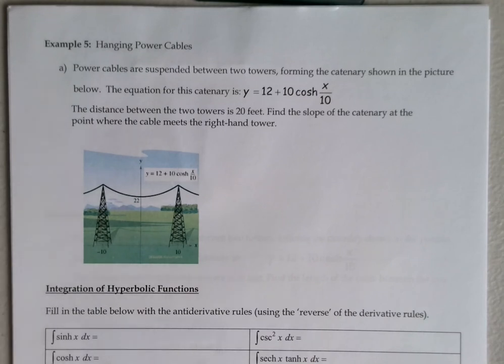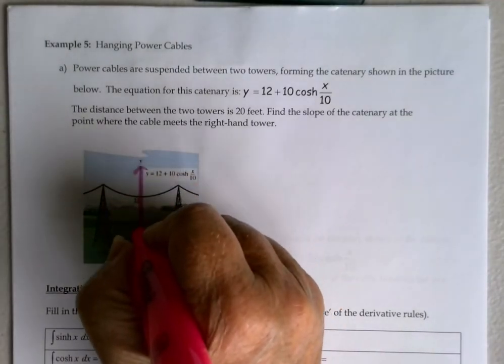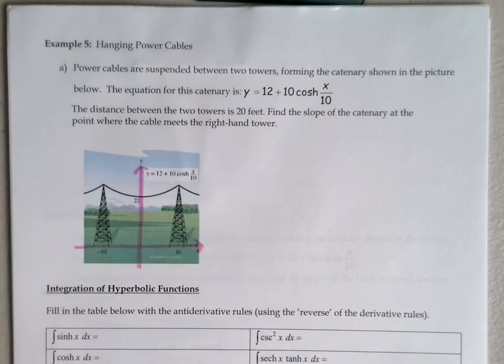So I'm going to put in a couple of things to help us out here. First of all, I need a coordinate system. One is actually suggested for us in this picture. I'm just going to highlight it a little bit. Notice they kind of gave us a y-axis here and an x-axis here at ground level.